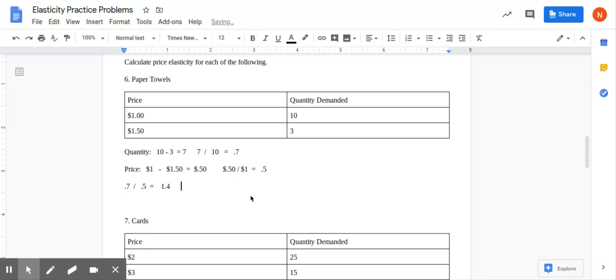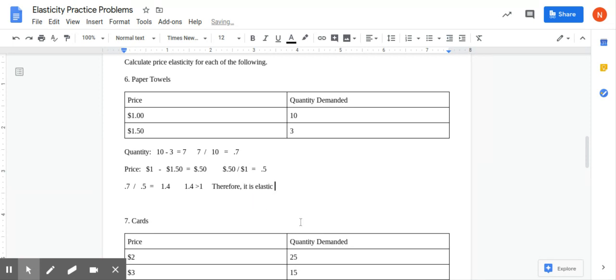So 1.4 is greater than 1. Therefore, it is elastic.